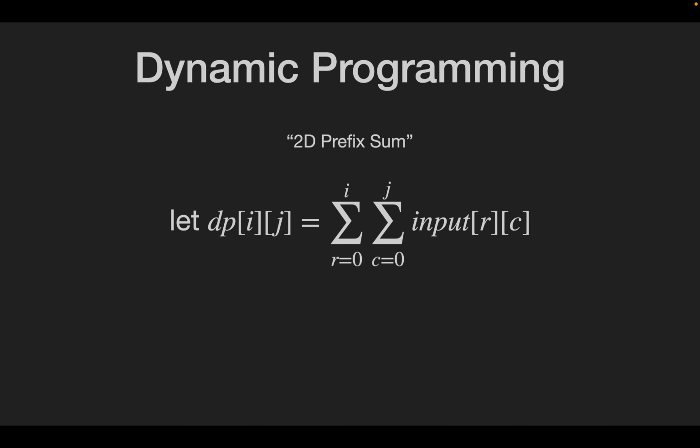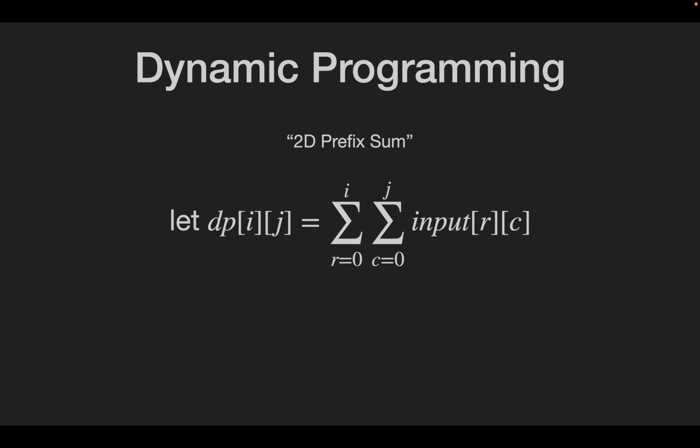Specifically, the specific case of dynamic programming that we're doing here today is called 2D prefix sum, but it's really just dynamic programming. So I'm going to approach this like it's normal dynamic programming. When we want to solve a question with dynamic programming, we want either a function or an array that holds or returns the answers to subproblems that we're going to later on combine to get the overarching answer.